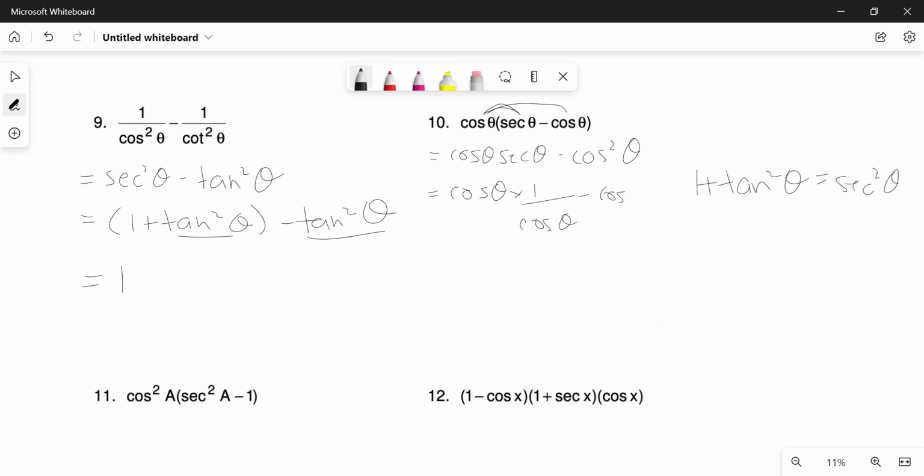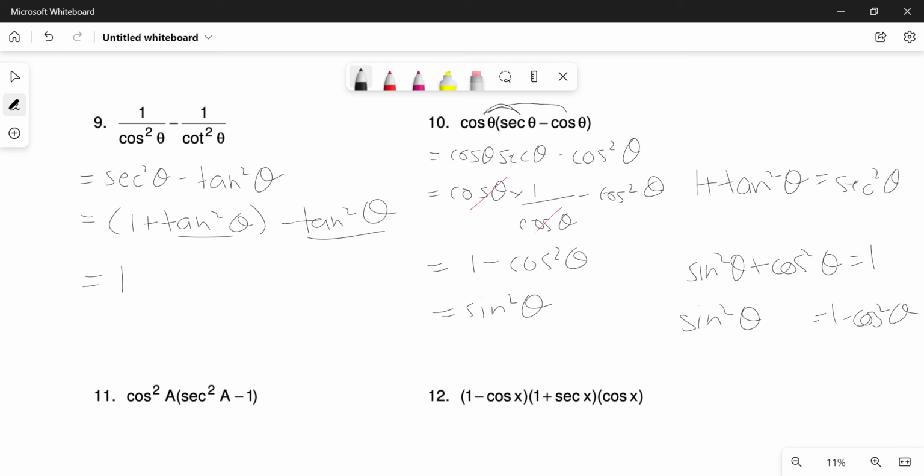And so we're going to have a cos cancelling with a cos there, or cos on cos, which is 1. So we've just got 1 minus cos squared theta, and we know that that is sine squared theta, because remember, sine squared theta plus cos squared theta equals 1. So if we keep sine squared theta by itself, we're subtracting cos squared theta from both sides.